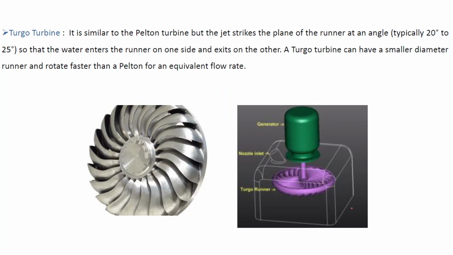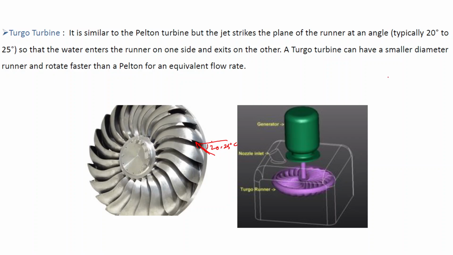Coming on to the next one, which is the turgo turbine. It is similar to the Pelton turbine, but the jet strikes the plane of the runner at an angle of 20 to 25 degrees. So here there is some kind of angle made. The jet will be striking here at a small angle. So the water enters the runner on one side and exits on the other side.